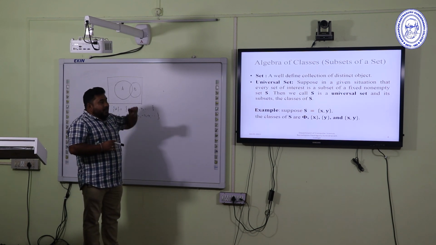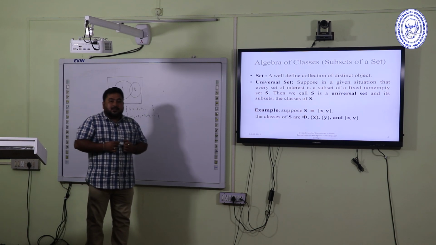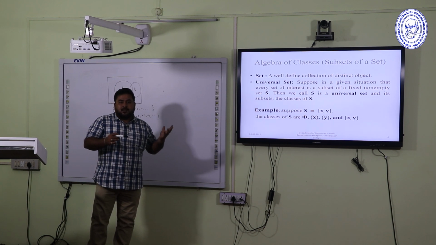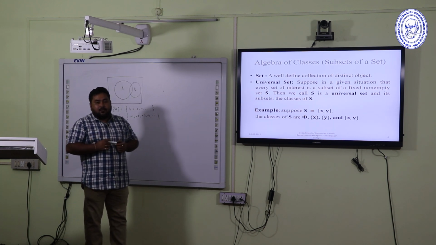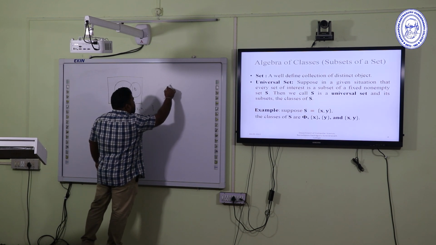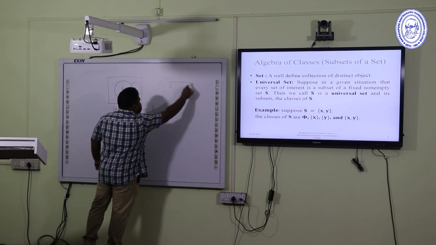So the entire world will be treated as a universal set, and these objects are subsets of this universal set, which will be named as S.